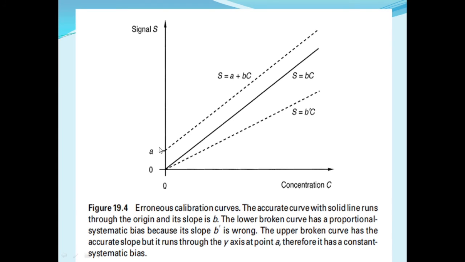The accurate curve, solid line, runs through the origin with slope b. The lower broken line with slope b dash is wrong and has proportional systematic bias.